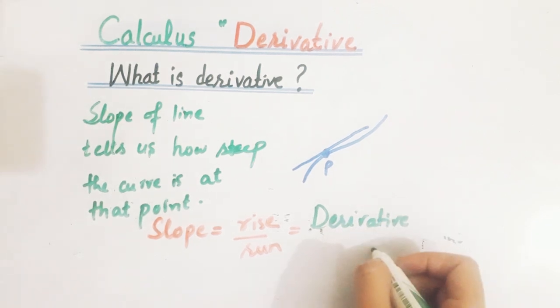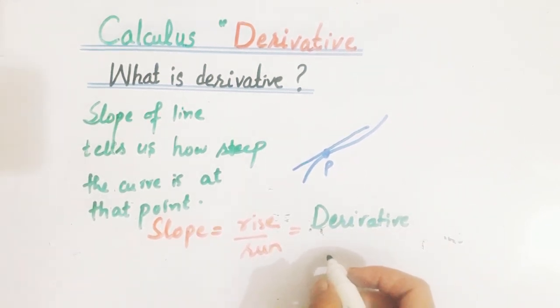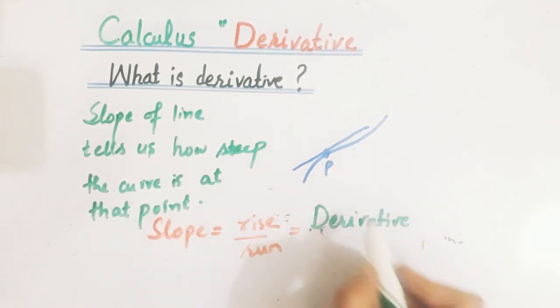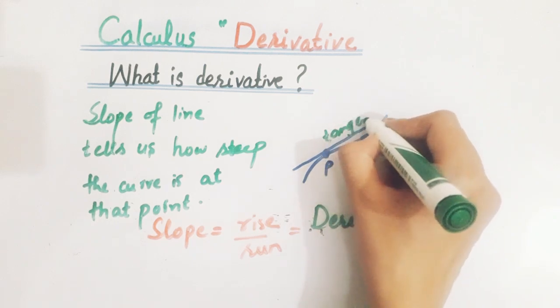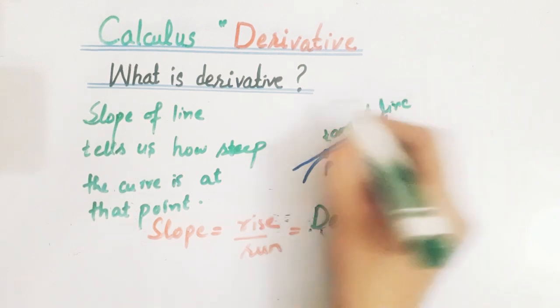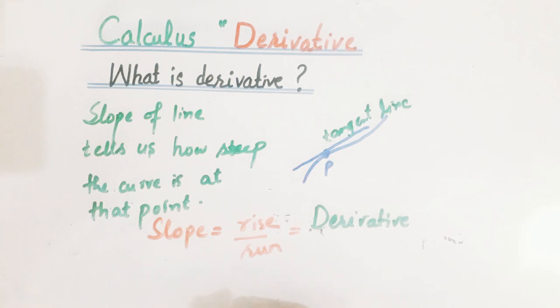Now you easily understand that the derivative of a function at a point equals the slope of its tangent line at that point. So the slope of this tangent line represents the derivative at that point.